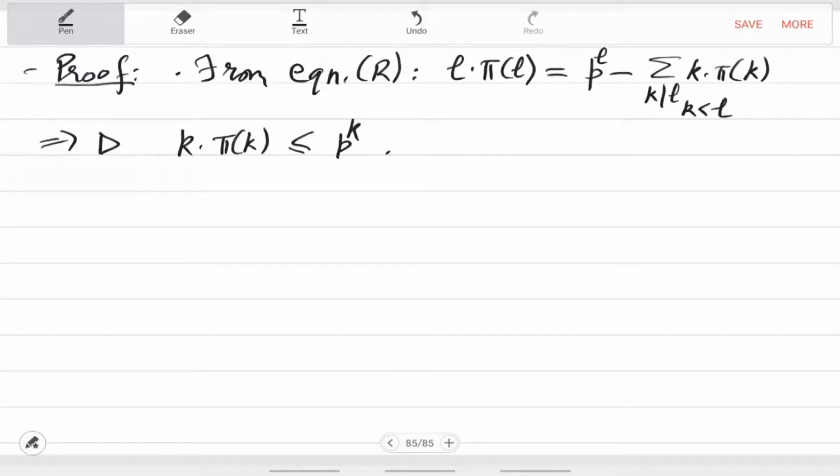So you will get that L pi L is then greater than or equal to P raised to L minus the sum of P raised to K.